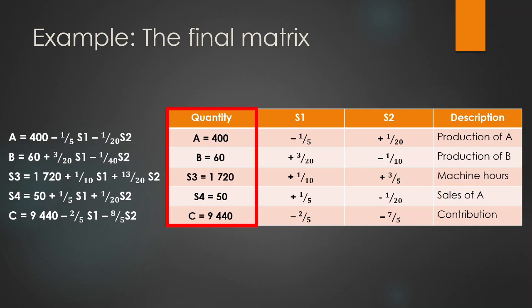We will have excess capacity of 1,720 machine hours and unmet demand of 50 units of product A. You will notice that neither S1 or S2, which are the materials and labor hour slack variables, are present. This is because both of them have been fully utilized.